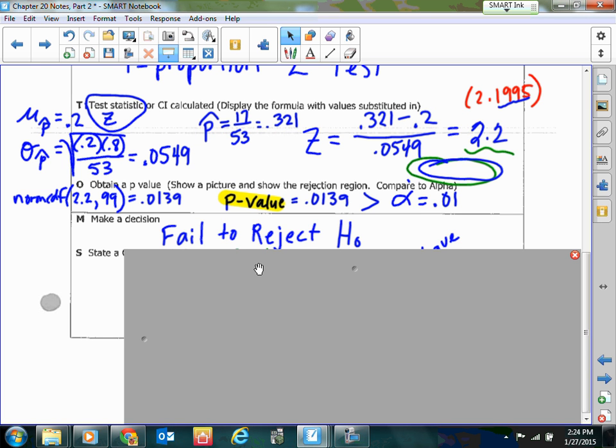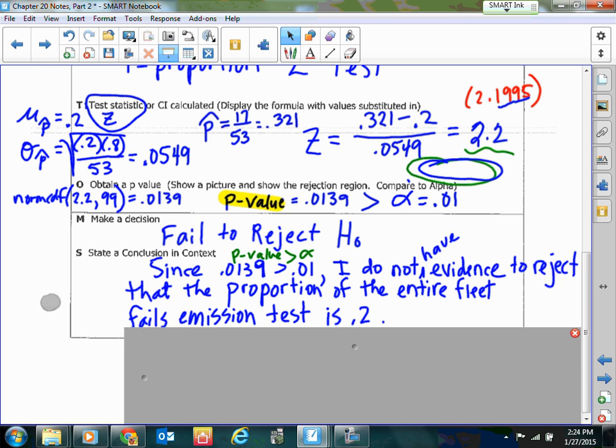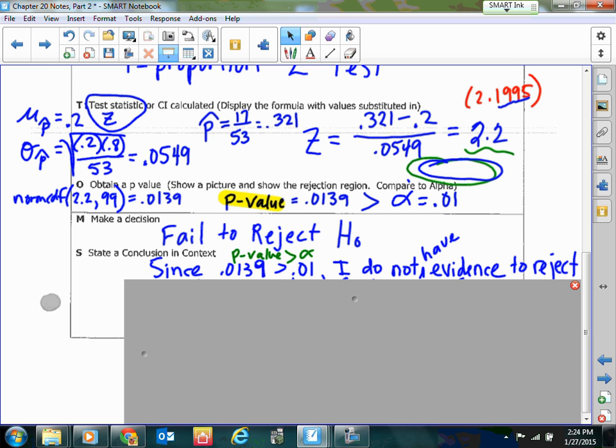When we do the S step, which is state your conclusion, we do it in context. That's the key. So here we're putting context into our decision, and we say, since 0.0139 is greater than 0.01, or you can say since the p-value is greater than alpha, either one of those, I do not have sufficient evidence to reject, and then guess what's about to come in here?